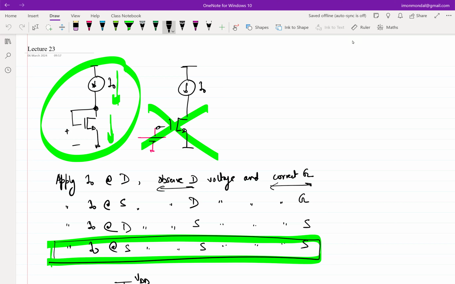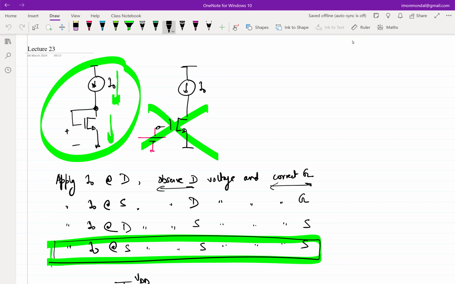And since gate to source voltage is the control knob, we should be able to adjust the current adequately by either changing the gate voltage or the source voltage. So 2 cross 2, there are four possible combinations of coming up with distinct types of biasing schemes. Out of these four, we have discussed two.